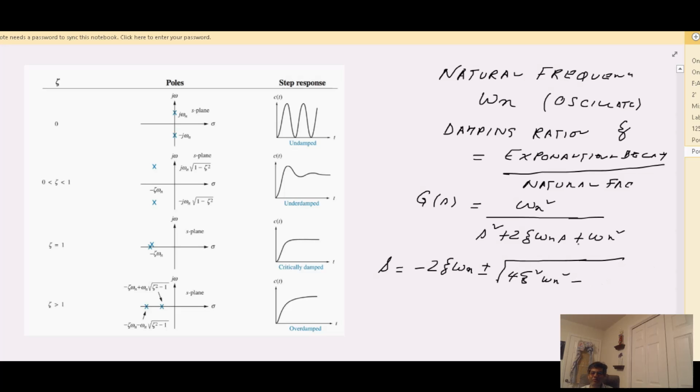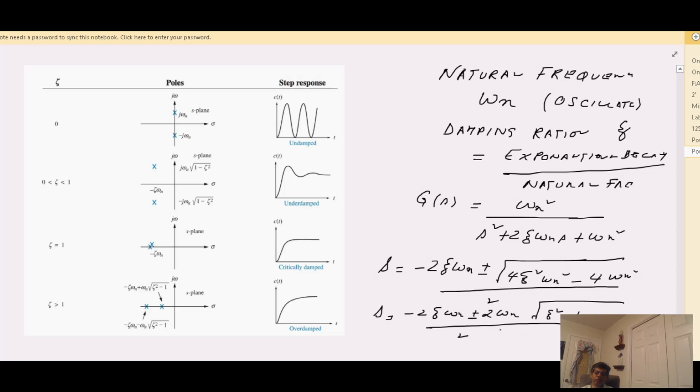Well, a is 1 and c is omega n squared, so that would be 4 omega n squared, and the whole thing is divided by 2. If you apply a little bit of math, you can factor this out, and what you are going to get is this: minus 2 zeta omega n plus or minus 2 omega n times the square root of zeta squared minus 1, and the whole thing is divided by 2.